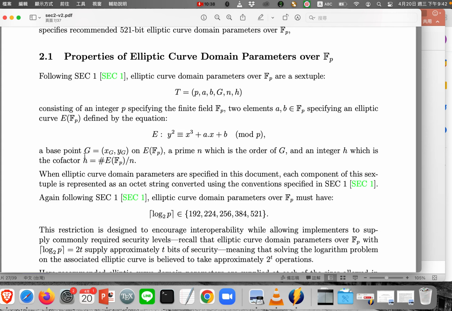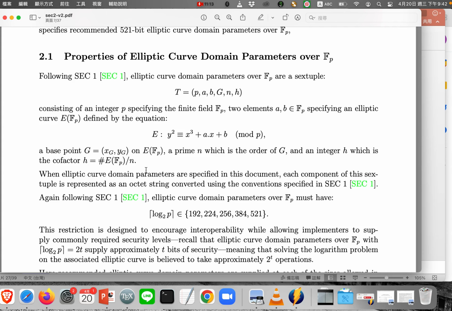This integer h is called the cofactor. It is defined as the number of points on the curve divided by the order of G. When you have a base point, you can calculate its order. It simply means nG is equal to the point at infinity, which is the identity. So if you do scalar product n times, it will go back to 0, the point at infinity.